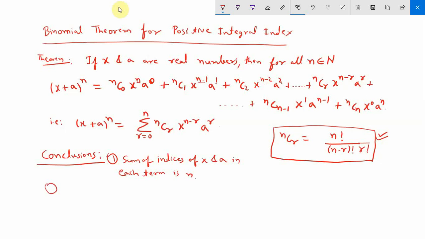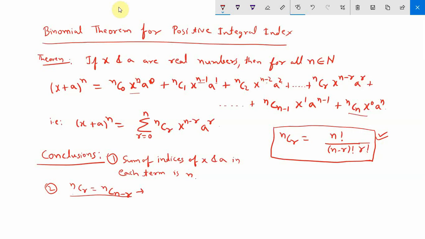Okay. Second thing you can notice, as we know nCr equal to nC(n minus r). This is a property of combination. So again I suggest everyone go through the combination chapter. Okay. So if we see here, you see nC0 and nCn.